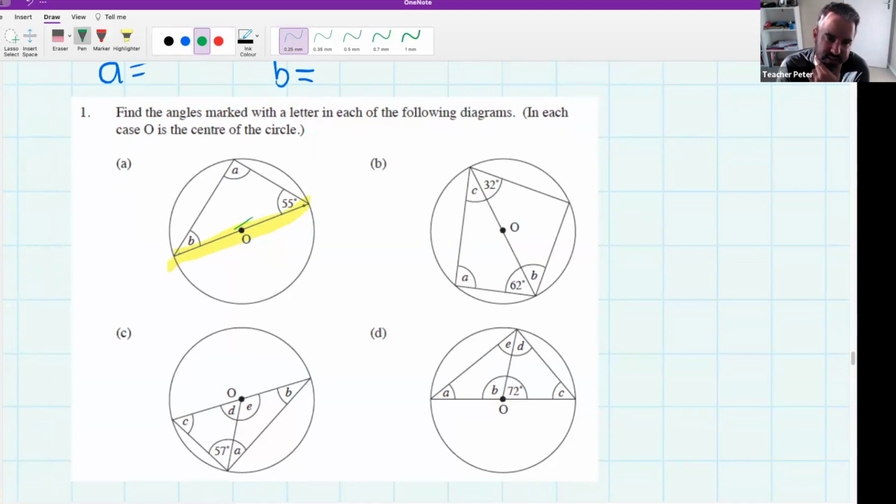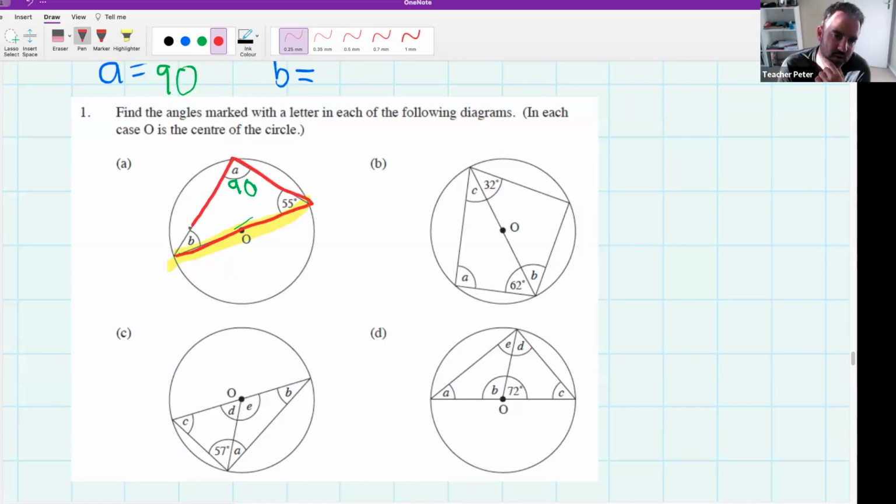Well, I think that's the diameter, and I subtend an angle with the diameter. A must be 90. And now I also have a triangle inside of my circle.